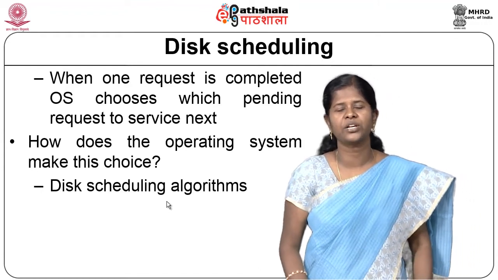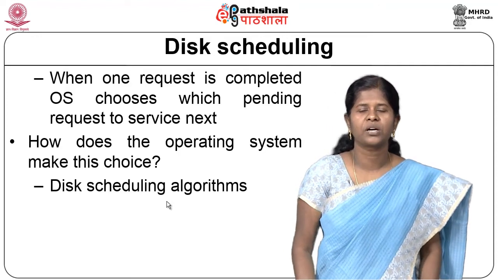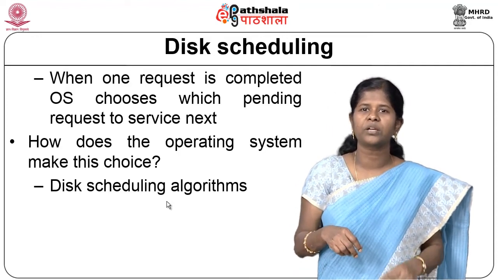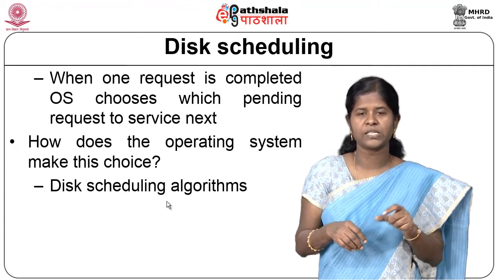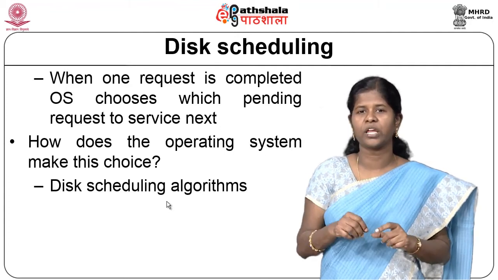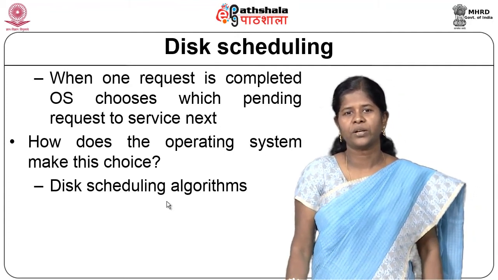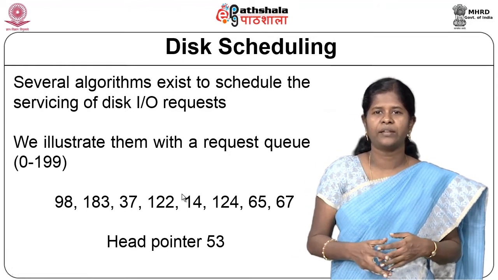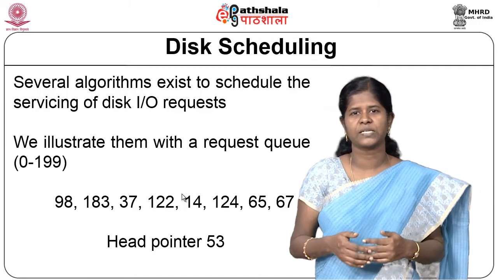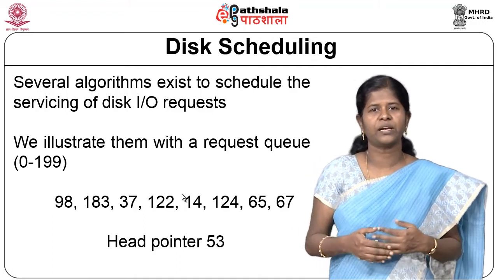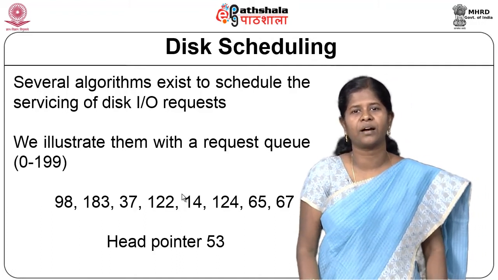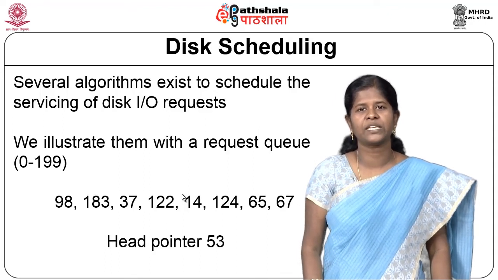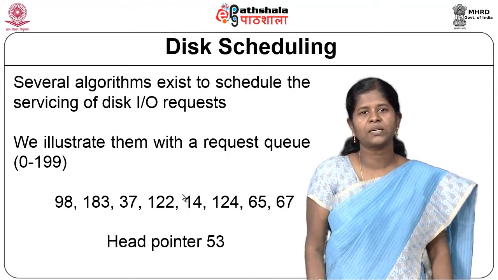They tell how the disk is scheduled among the different processes that are waiting to use it. Now we will see different disk scheduling algorithms and the performance of each of them.